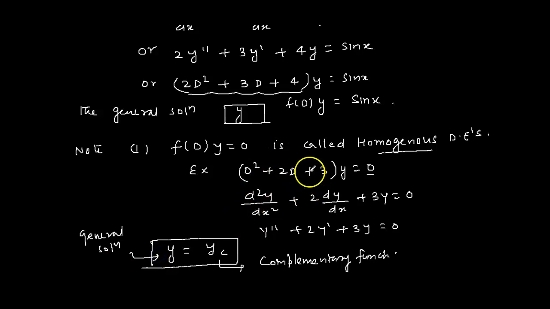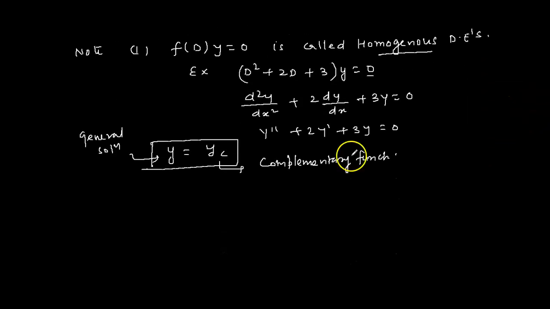When any equation is given in homogeneous form, then we need to find the complementary function, and that will be our solution. But if the right hand side is something else, f of d of y is equal to some function like sine of x, a polynomial function, or a to the power x, anything, that is f of d of y not equal to 0, called a non-homogeneous differential equation.